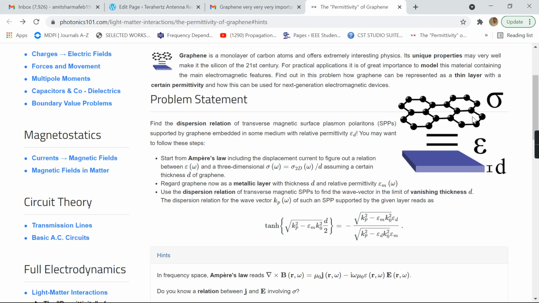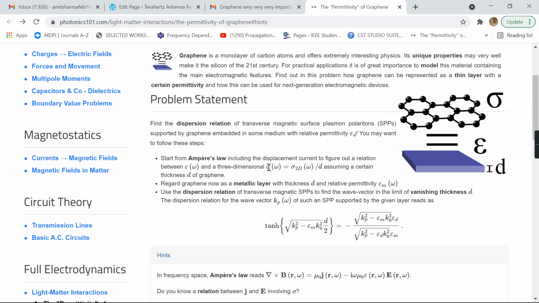As we can see, this is the graphene having conductivity sigma, and this is placed over a dielectric whose permittivity is epsilon and thickness is small d. So they are giving the solution steps also. So start from Ampere's law, including the displacement current, to figure out a relation between epsilon omega and a three-dimensional sigma omega.